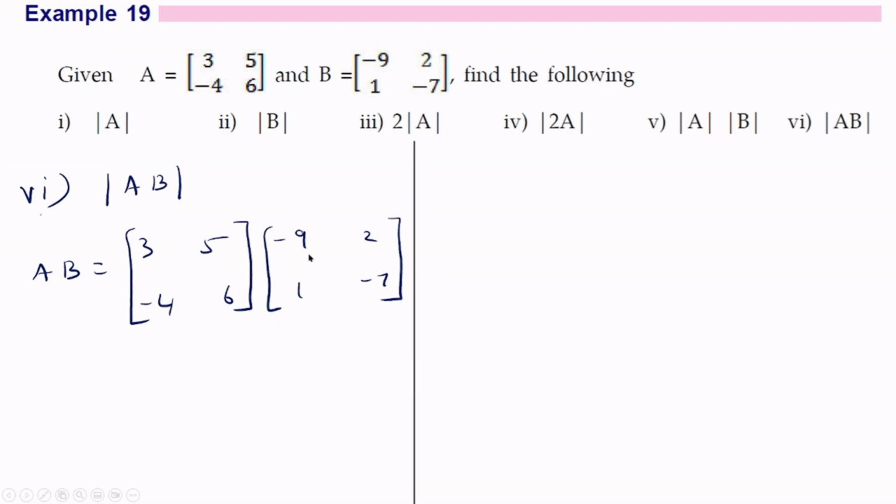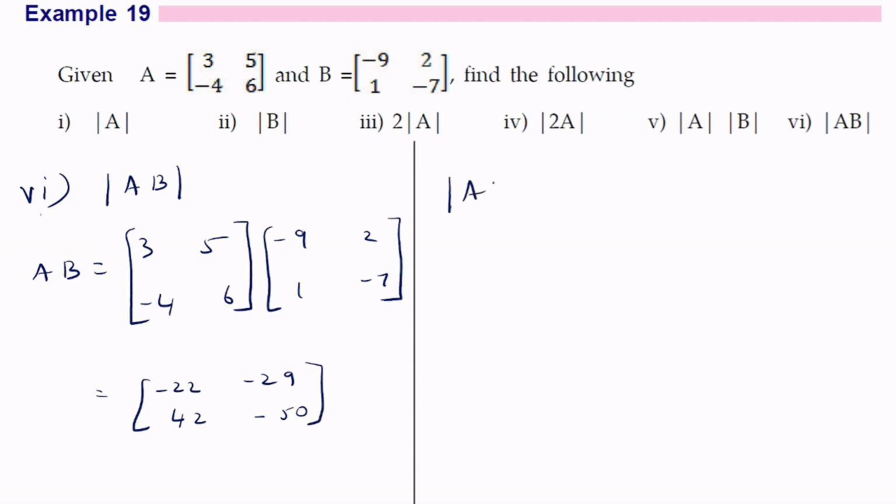So 3 into minus 9 minus 27 plus 5. So it is minus 22. Next we have 3 into 2, 6 minus 35. So minus 29. Next we have minus 4 into minus 9, 36 plus 6. It is 42. And next we have minus 4 into 2 minus 8 minus 42, minus 50.